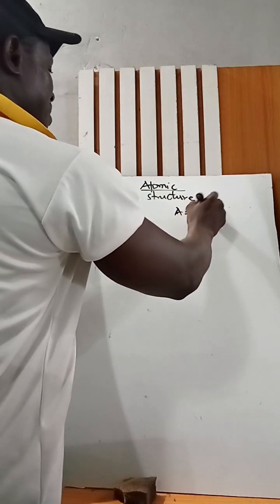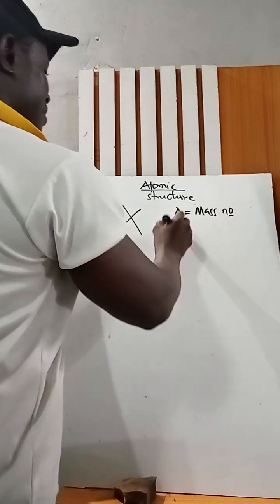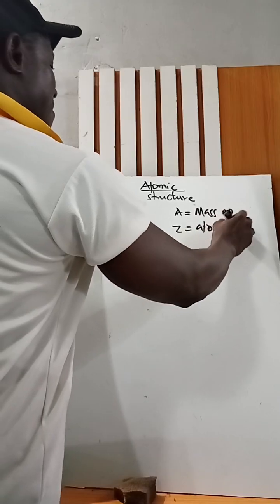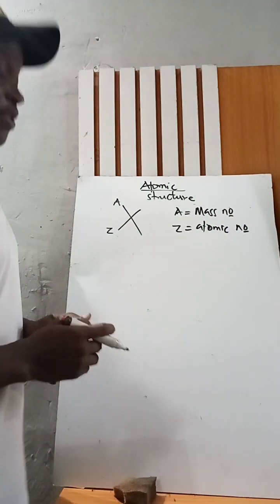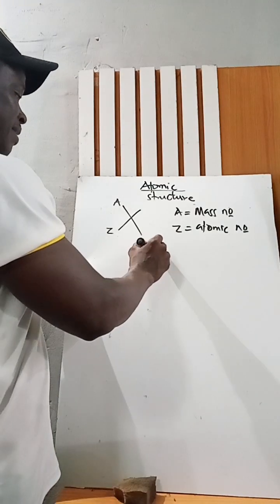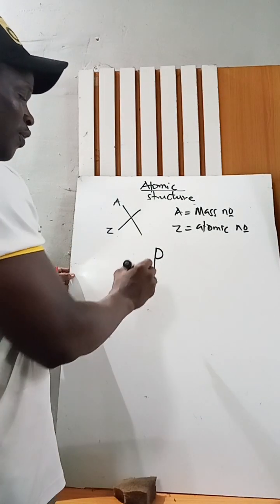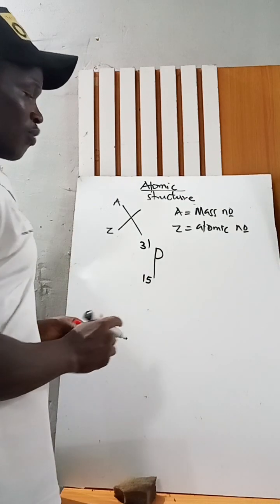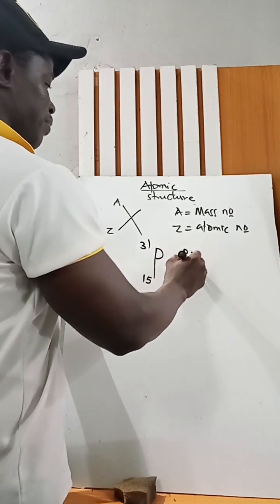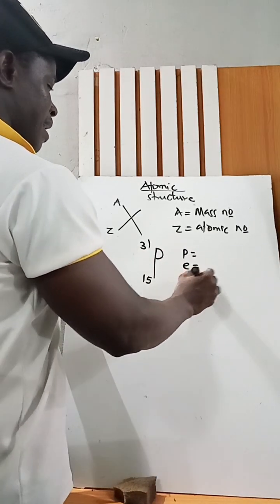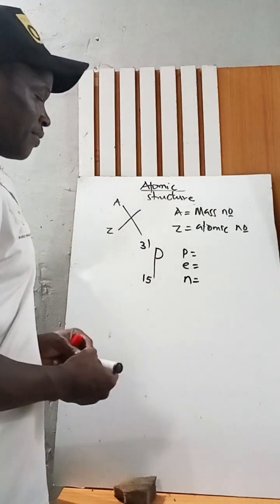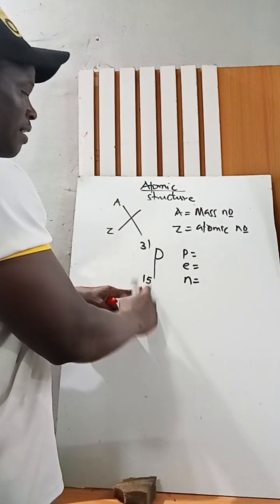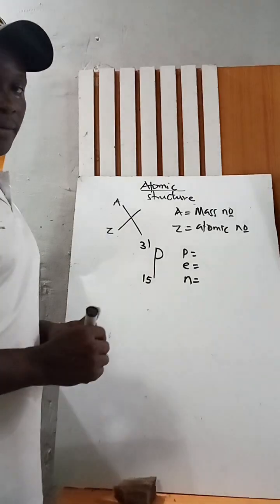Okay, so if I now give you a question like this: an element phosphorus has atomic number of 15, and the question says determine the proton number, electron number, and neutron number. That will be very simple. Here is the position of the Z. Z is atomic number. 31 is the mass number.